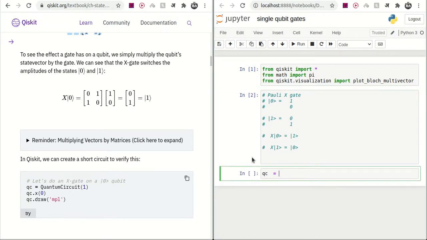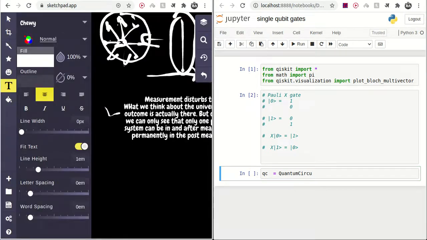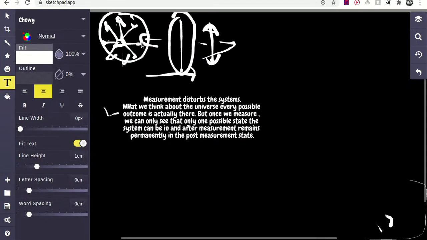Suppose we have a single qubit quantum circuit. Let's see how it works in practice.